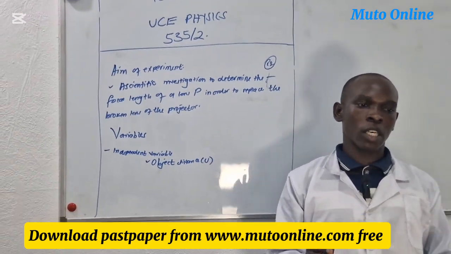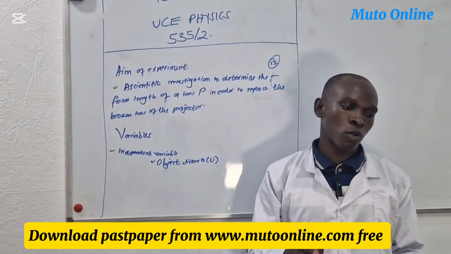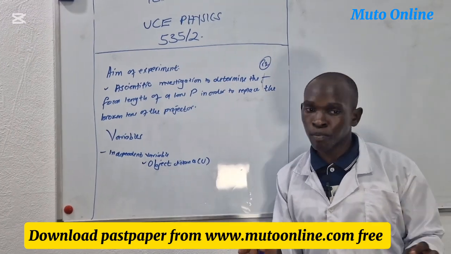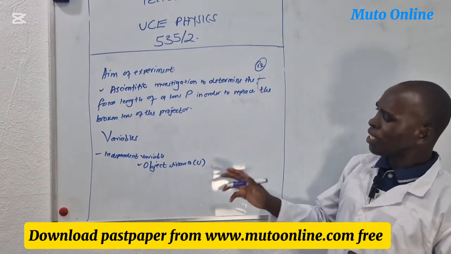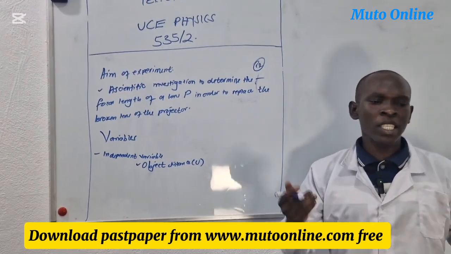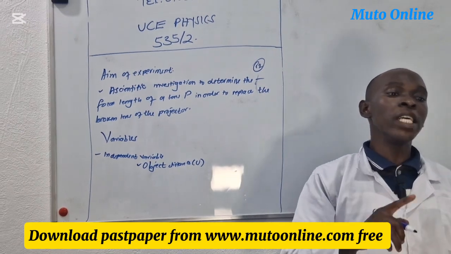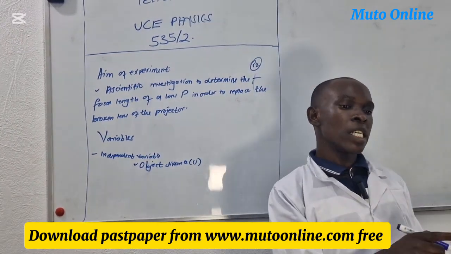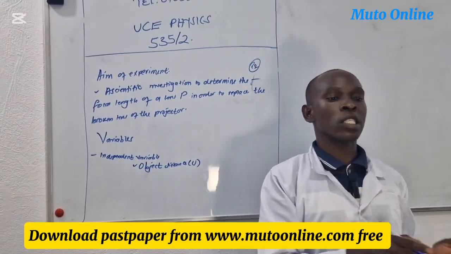The lens in this case, we are going to look at a convex lens anyway. Now, the object distance is independent, but the image distance is dependent. So the image distance will depend on where the object is placed.